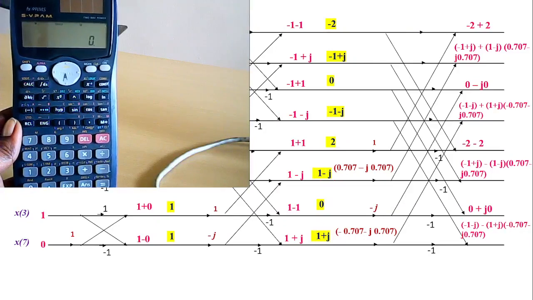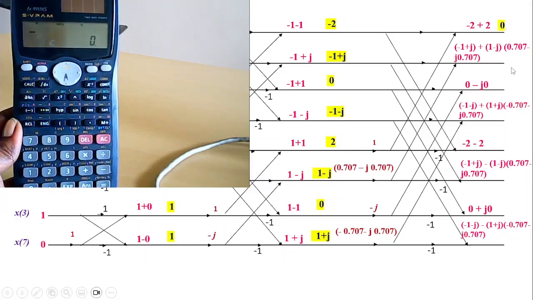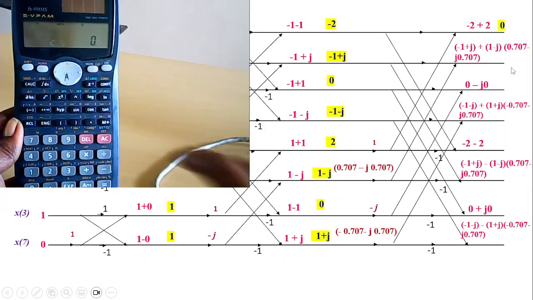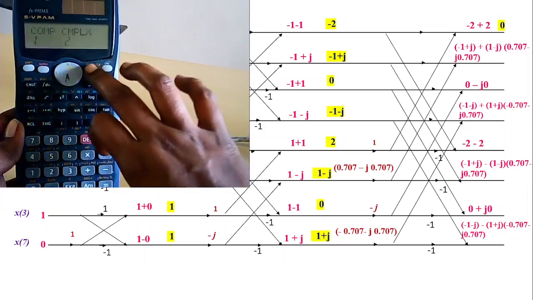Okay, so now we are going to find the values using the calculator. -2 plus 2 is going to be 0, right? For the next one, you have to keep your calculator in complex mode.